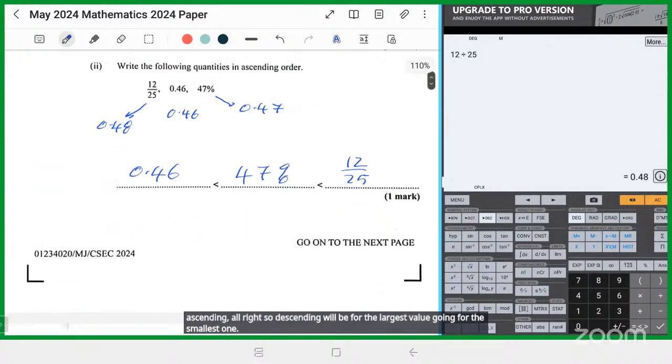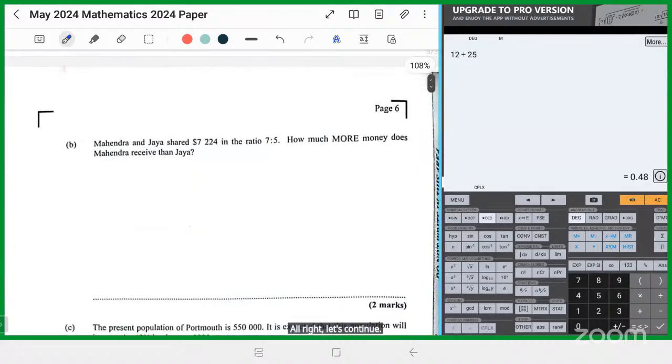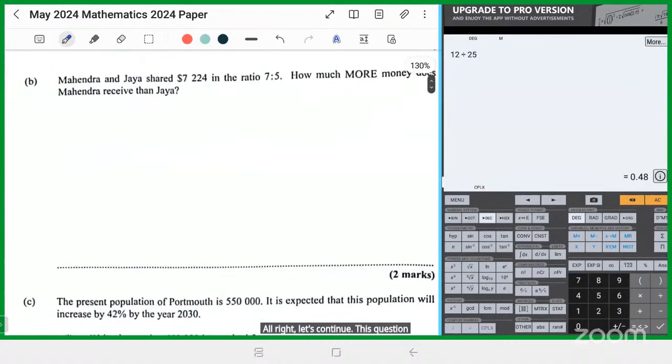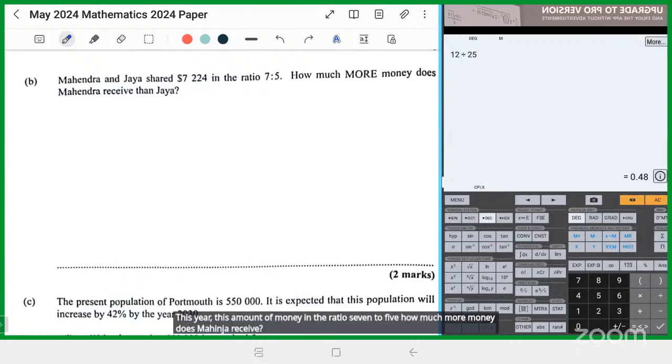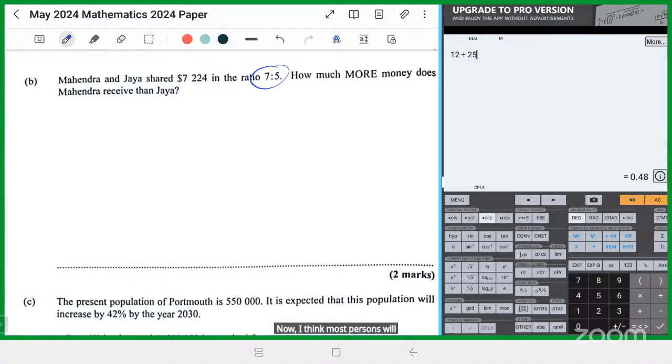All right, let's continue. This question says, Mahendra and Jay shared this amount of money in the ratio of 7 to 5. How much more money does Mahendra receive? Now, I think most persons will work this out as said: the total parts in this ratio is 12.